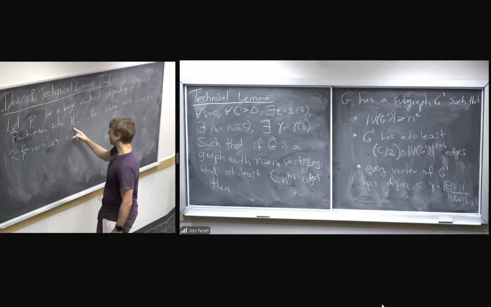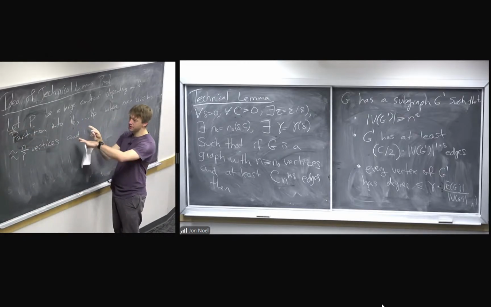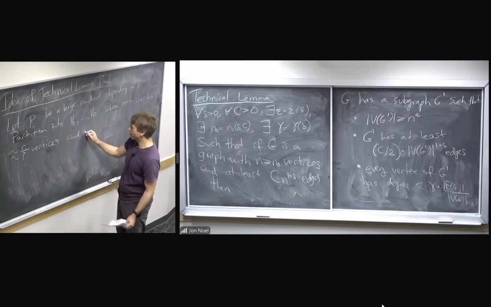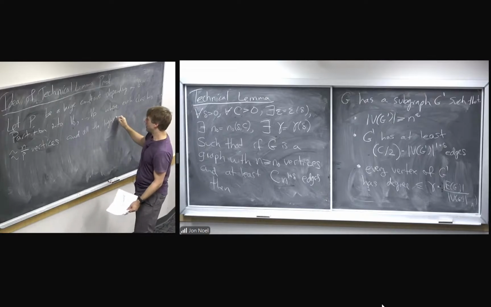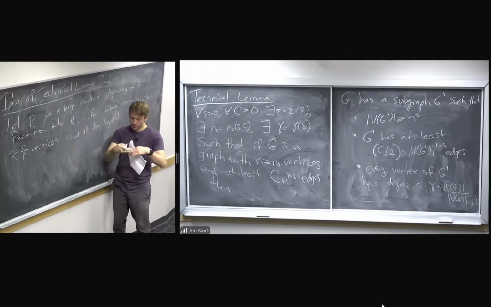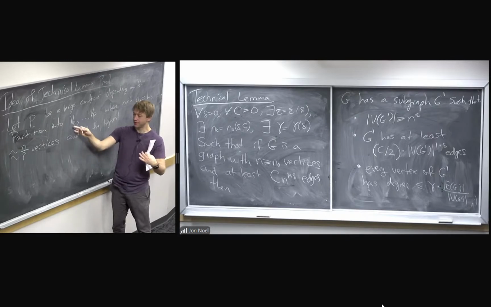And what I want to do is put all the highest degree vertices in V0. If you like, you could first order the vertices by degree, and then say V0 is the highest ones, and then the next highest, or whatever. But all I really care is that the highest degree vertices should all go here.